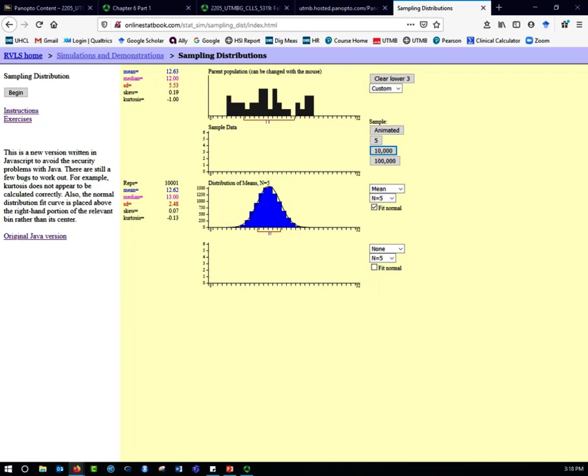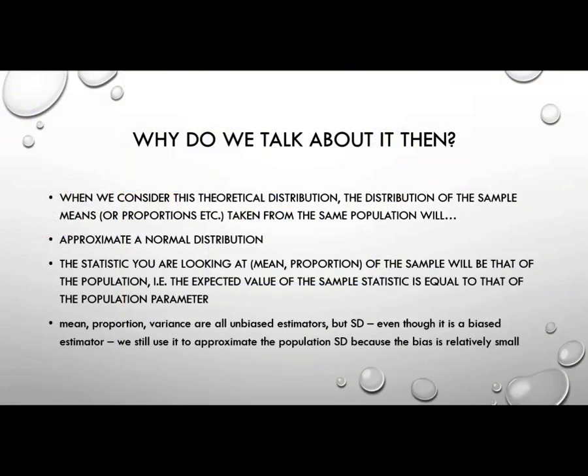So why do we care? When we consider this theoretical distribution, the distribution of the sample means or proportions or whatever, taken from the same population, it will approximate a normal distribution. So the statistic you're looking at, the mean or the proportion of the sample, will be that of the population.